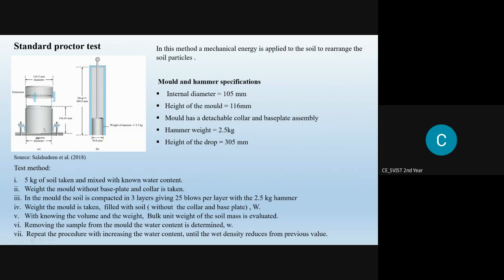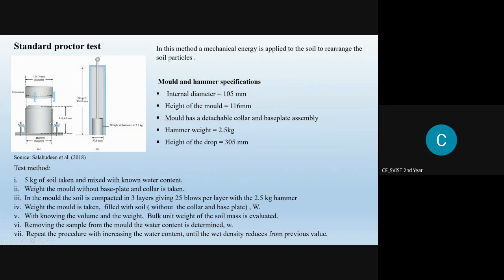After measuring that weight, we put the mixed soil into the mold in three layers. After making each layer, 25 blows are given with the 2.5 kg hammer. So total blows: 75 blows will be given in three layers.